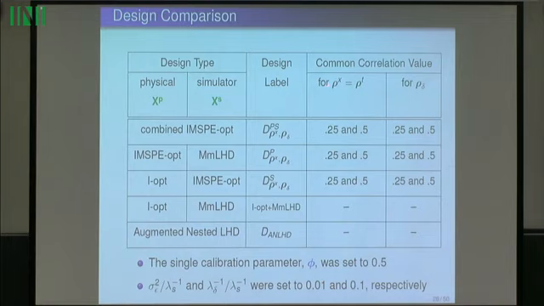These are the correlation parameters for the input variables and the calibration parameters. This is the choice of correlation parameters for the bias surface. There's 4 different combinations here. 4 there, 4 there, that's 12. Then there's a fixed design here and a fixed design here.